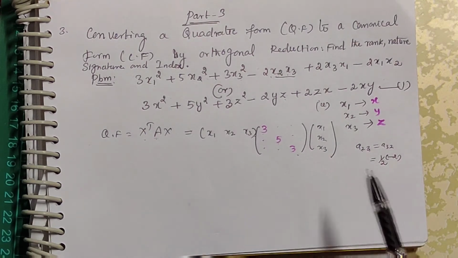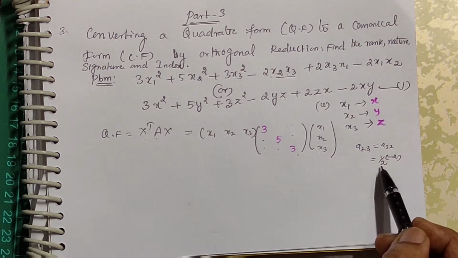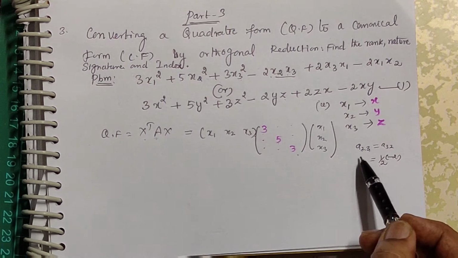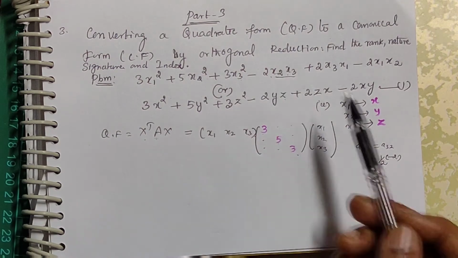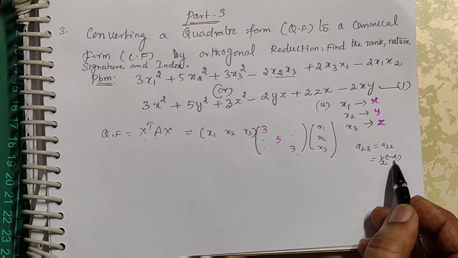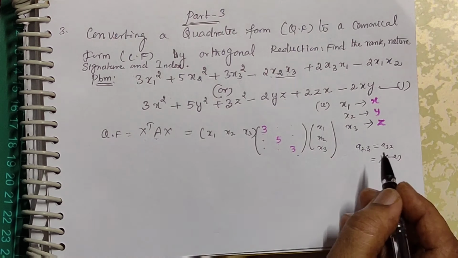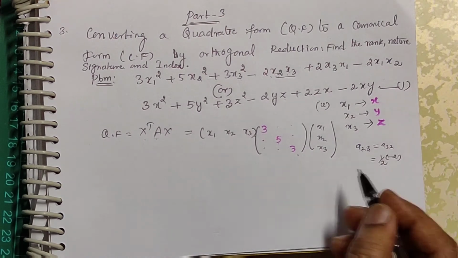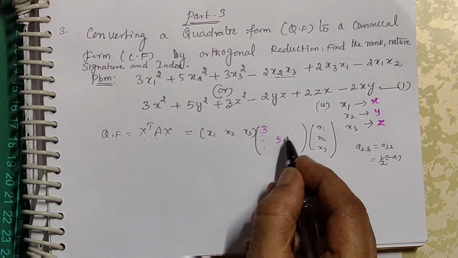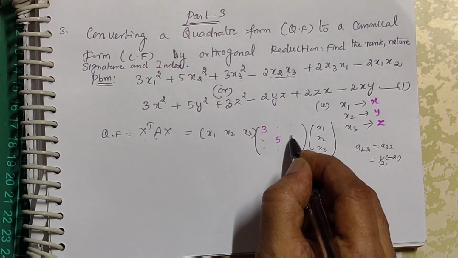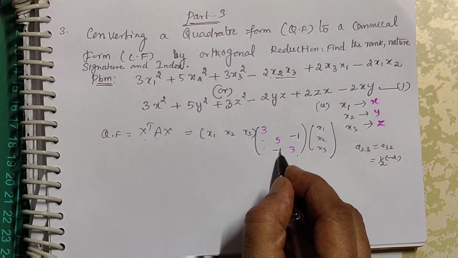We fill the positions A23 and A32 with half the coefficient of x2x3. Even if you have it as x3x2, nothing is wrong, both are the same. Half of minus 2 gives minus 1. So I put minus 1 in the place of A23 as well as A32. Second row, third column, this is A23, so I write minus 1. Then third row, second column, minus 1 also.